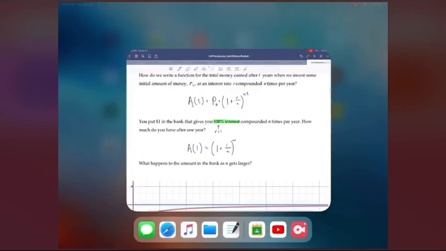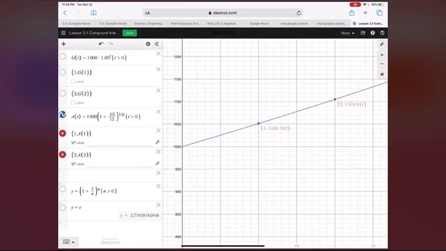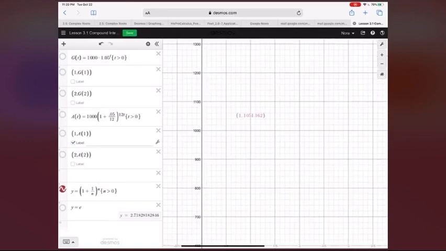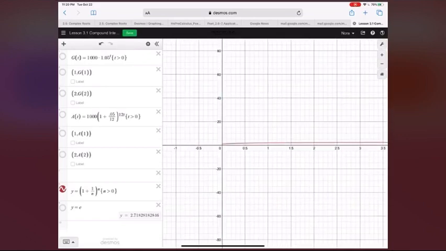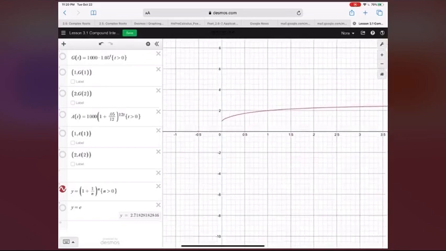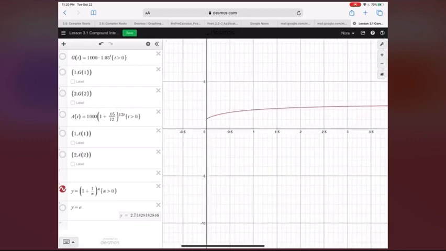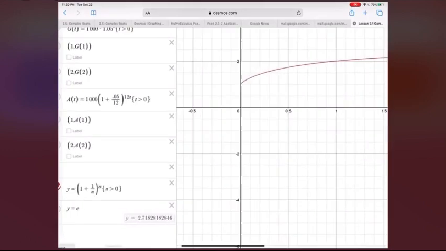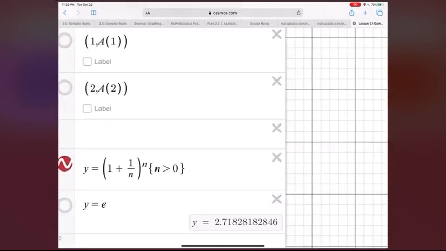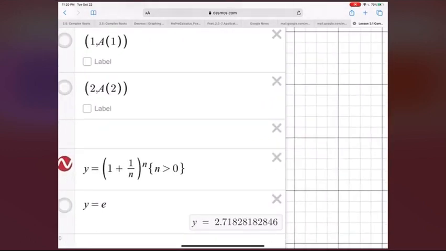And we're going to do that right here. So let's look at a graph of y equals 1 plus 1 over n to the n.